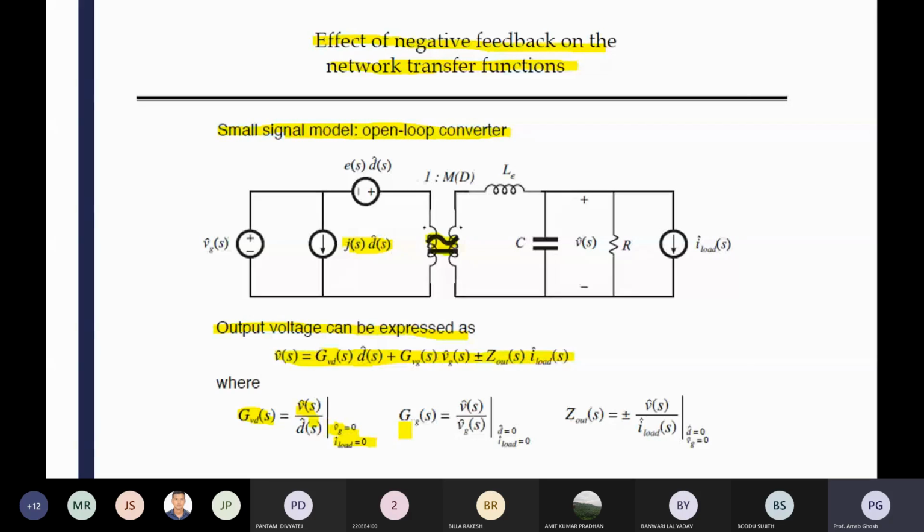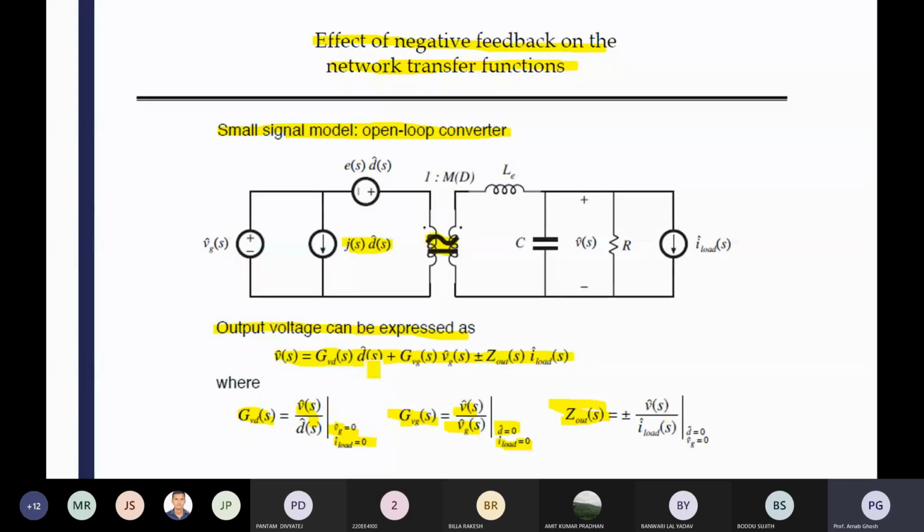Same thing for VG. You are getting the input to output transfer function when your duty is 0 and load current is 0. And what is your Z output? Z output appears when VG and DS are both 0, so DS is 0 and the rate of change of VG is 0.